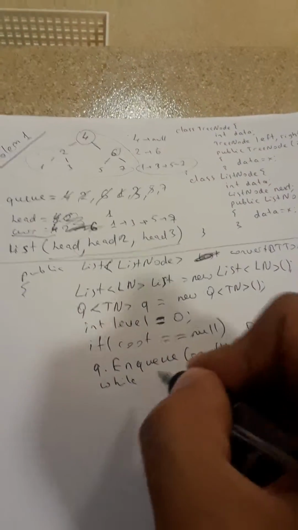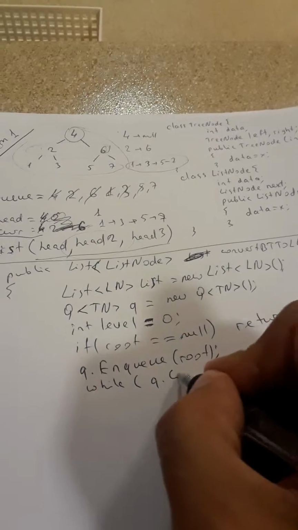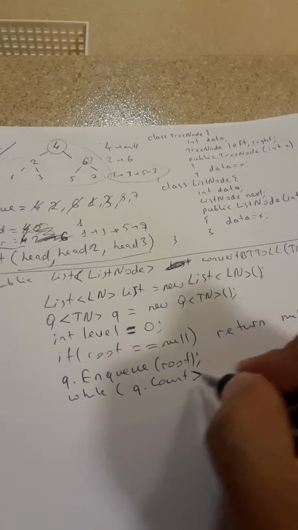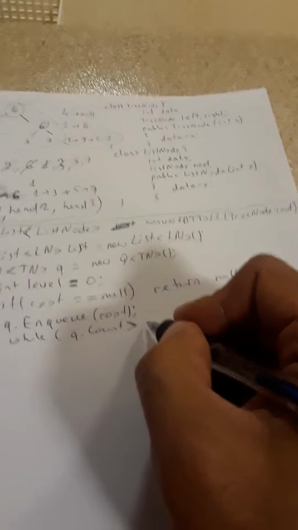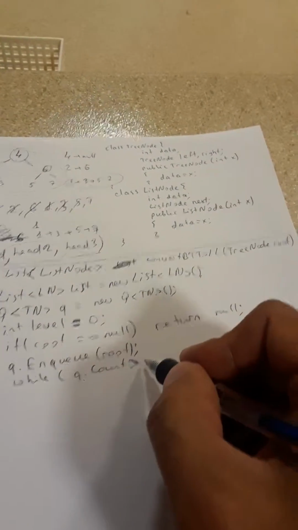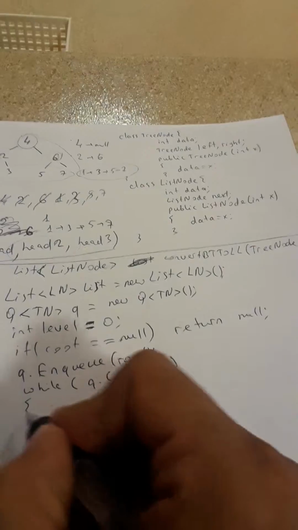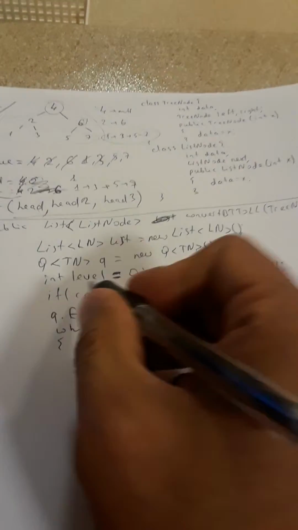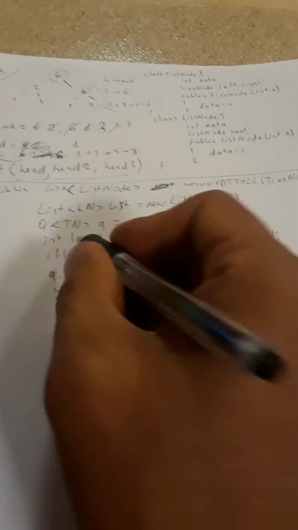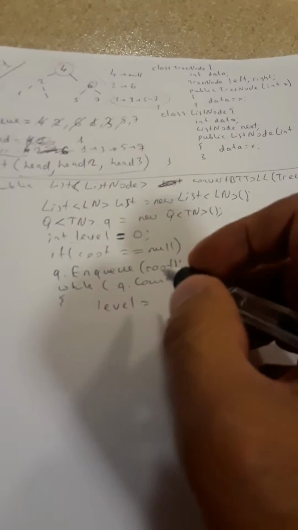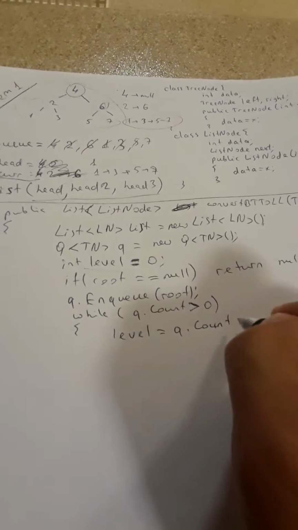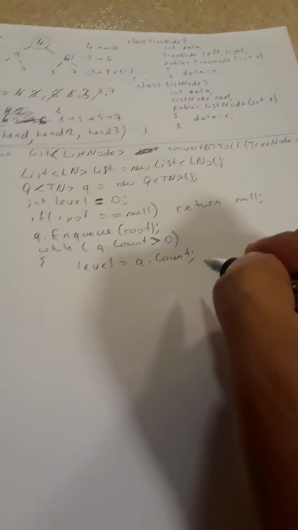Then we will initialize a while loop, and this while loop will be running as long as the queue is not empty. So here our level, which we declared here, will be equal to the number of nodes in our queue.